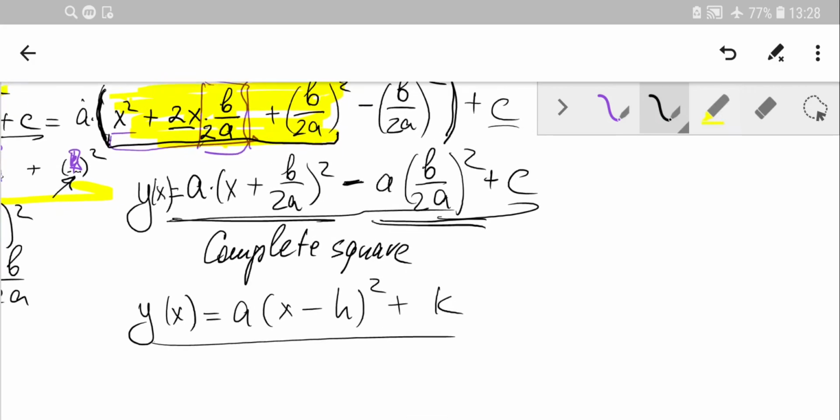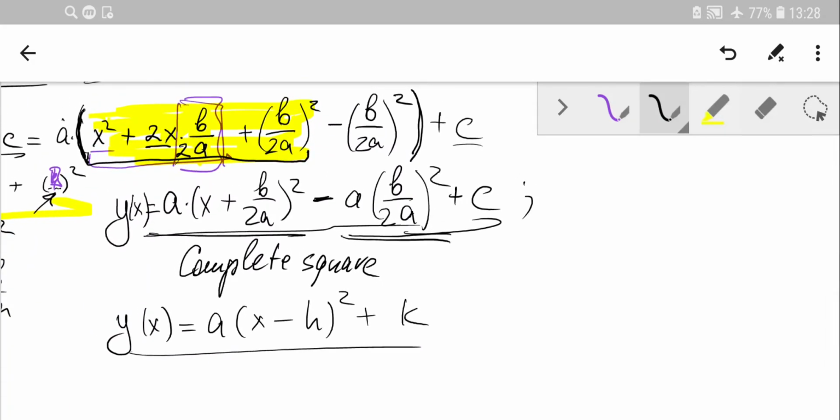So what you can do, you can simply write that this expression in the brackets is exactly the same as here. So that's why negative h should be equal to b over 2a. So you can write that negative h is simply b over 2a, or from where h is simply negative b over 2a.